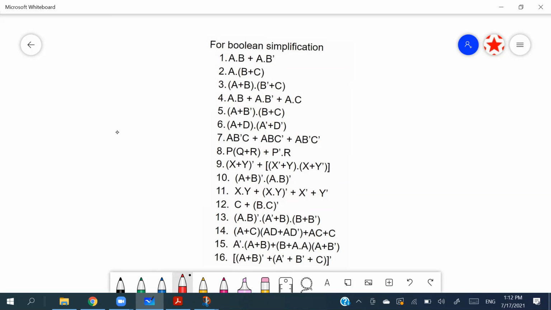Give it a shot, people. Give a try to the very first one. Since it is the first time, I'm going to do it within 5 minutes. It's 1:12. I'm going to do it by 1:17. If you do your first one, you can proceed to the second one, third one, likewise.